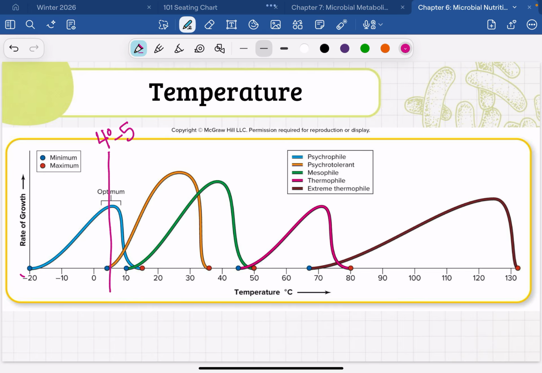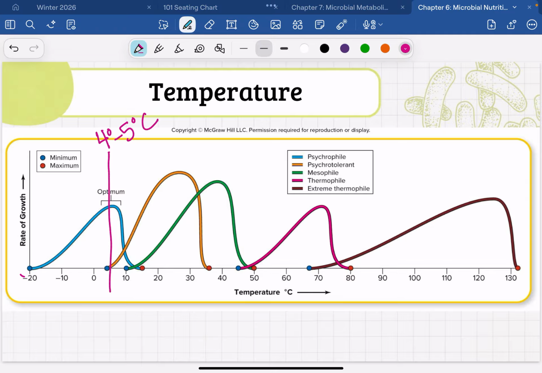Now, remember a couple of chapters ago, we talked about a couple of benchmarks for temperatures in Celsius. Remember that 0 degrees Celsius is freezing. 4 degrees Celsius is about refrigerator temperature. Okay? So the optimum temperature for psychrophiles is about 4 to 5 degrees Celsius.